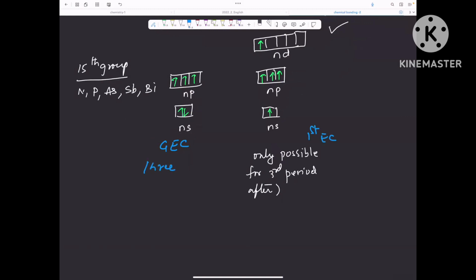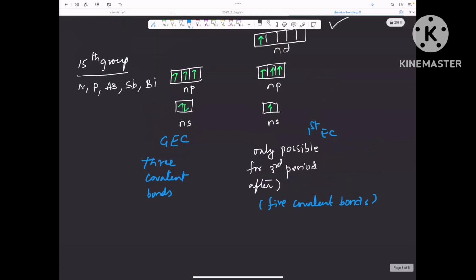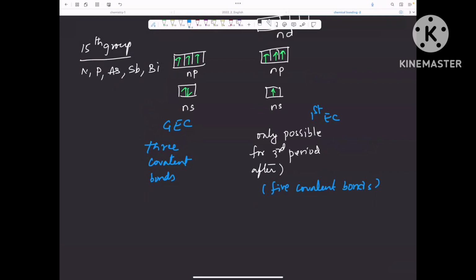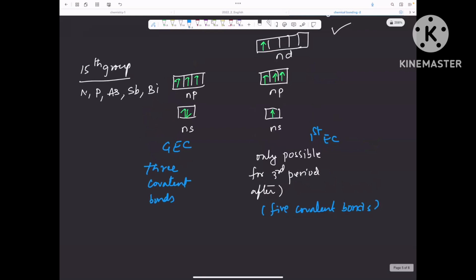Here it forms 3 covalent bonds. Here it forms a maximum of 5 covalent bonds. So 15th group elements form 3 covalent bonds or 5 covalent bonds. 3 unpaired electrons, 3 covalent bonds; in excited state, 5 unpaired electrons, 5 covalent bonds. Please note that this is only possible for third period elements onwards because there are 3d orbitals.